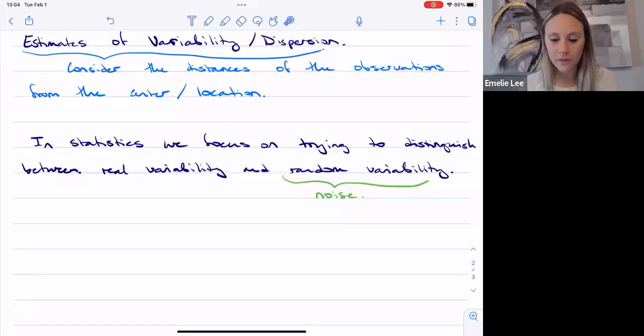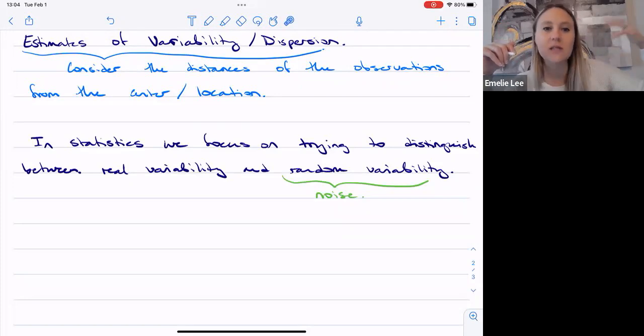So in statistics, our main focus is trying to pull that apart and account for variability in our data. No measurement is going to be exactly the same, but there's some variability that we expect to see, and then there's the noise saying, these things look different.